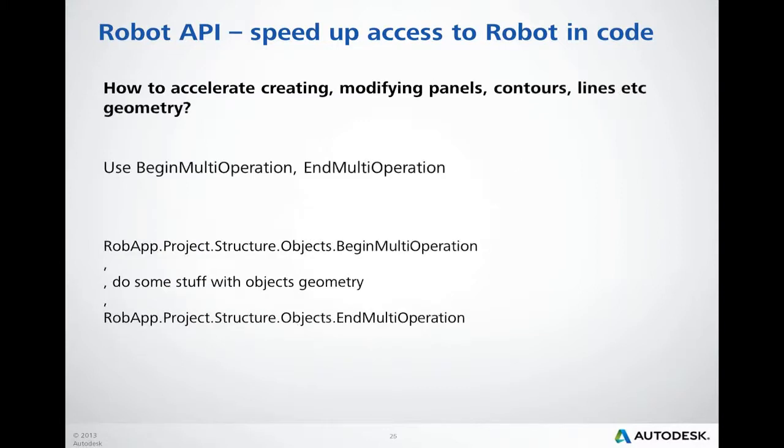How to accelerate creating and modifying panels, contours, lines, and other geometrical objects? Use the BeginMultiOperation and EndMultiOperation methods. Before code playing with this object geometry, use BeginMultiOperation, and after the end of such code, use EndMultiOperation.